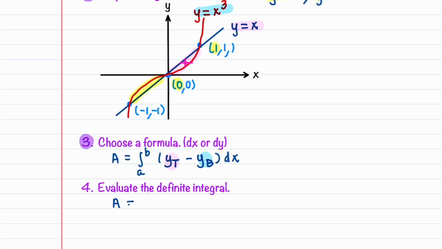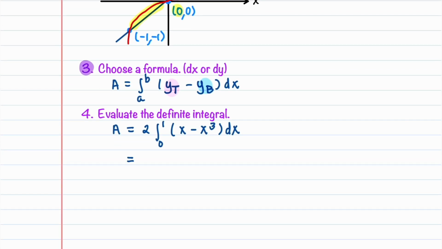Now we can write down our area. We need to remember to multiply it by 2 because we're doubling it. So we have 2 times the integral from 0 to 1 of the curve on the top, x, minus the curve on the bottom, x cubed, dx. Now we can go ahead and integrate this. This is 2 times x squared divided by 2 minus x to the 4th divided by 4, and we're integrating this from 0 to 1.